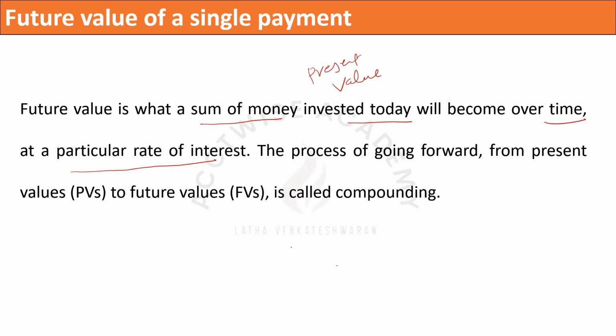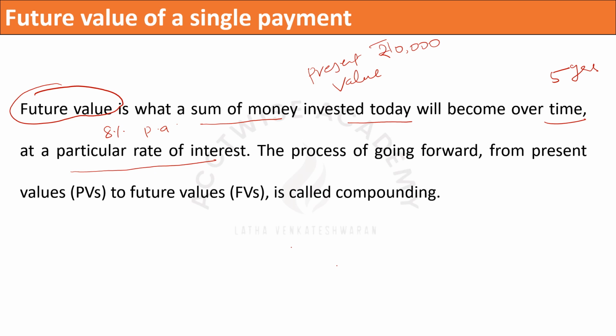Time is period. At a particular rate of interest. Suppose if you invest rupees 10,000 today for 5 years, that is the time, at 18% interest per annum, then what will be the money in the future? That is the future value.